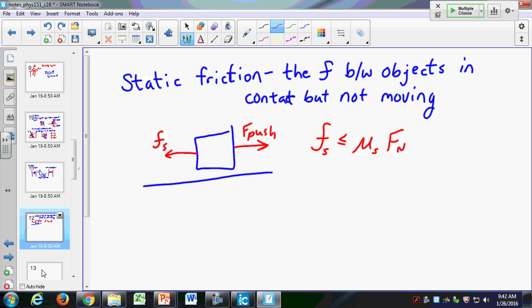It's less than 1. It's a decimal between 0.1 and 1. So let me put that in words. This is the coefficient of static friction.